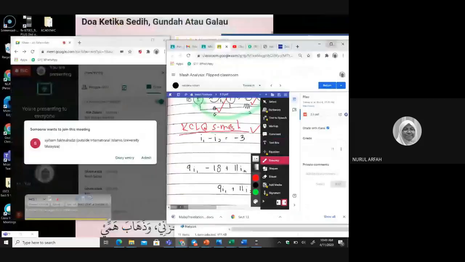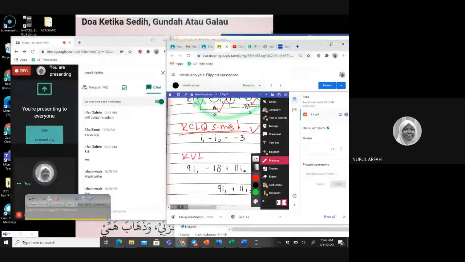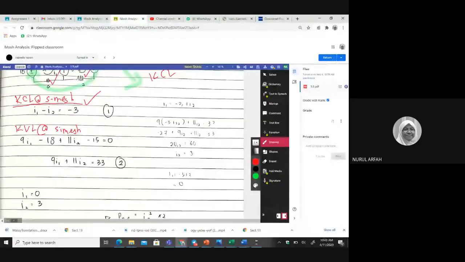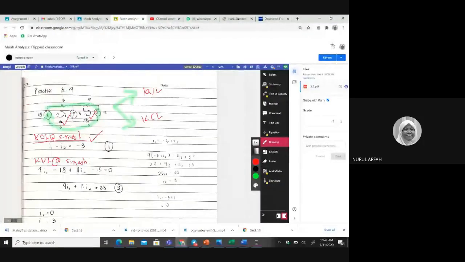So, second, you need to write down if this is KVL at super mesh, then okay ada. But if you didn't draw the boundary like this green boundary here, then straight away I will say that you don't have any super mesh. Macam tu lah. My assumption is that you didn't know that super mesh exists.